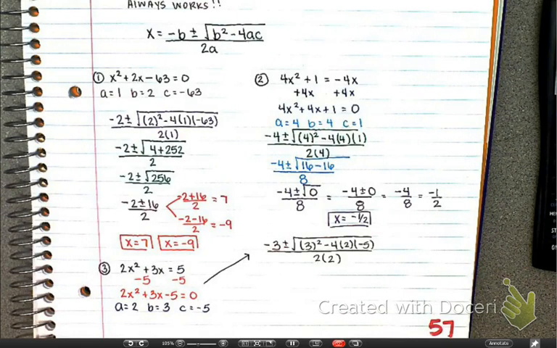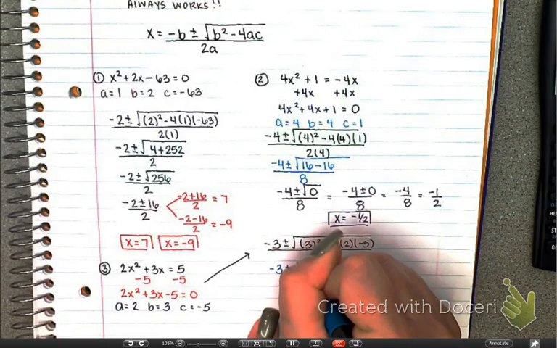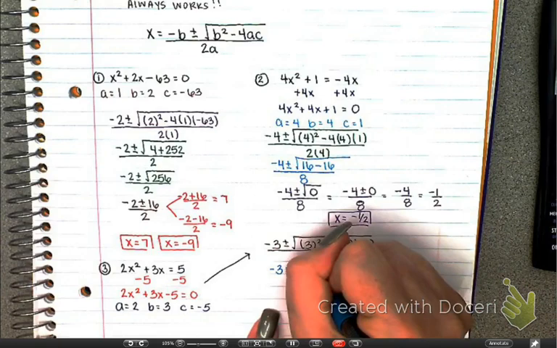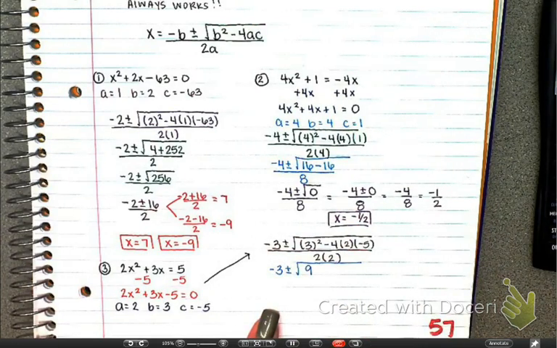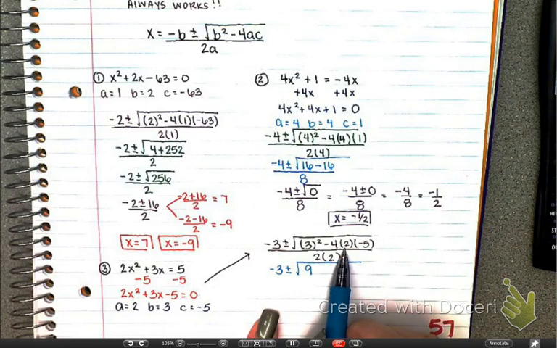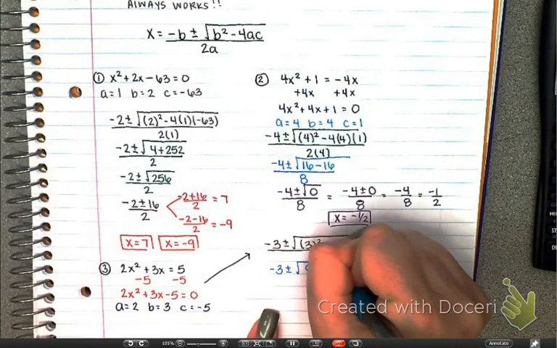All right, let's keep simplifying. Negative 3 plus or minus the square root. 3 squared is 9. Negative 4 times 2 is negative 8. Negative 8 times negative 5 is a positive 40.